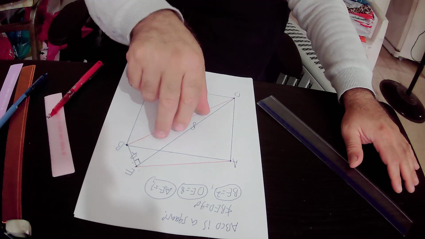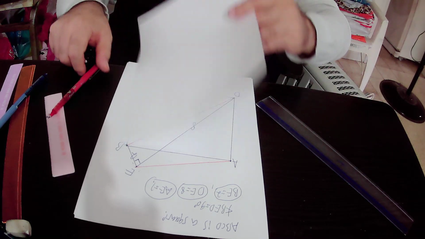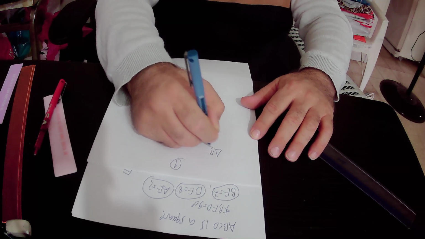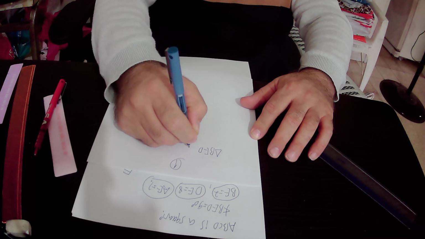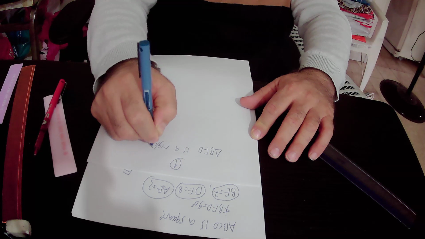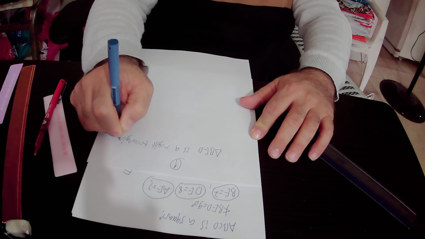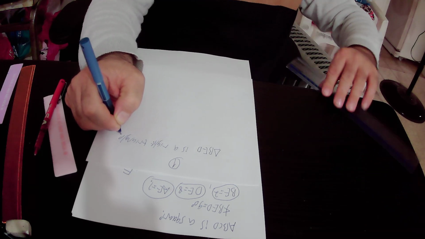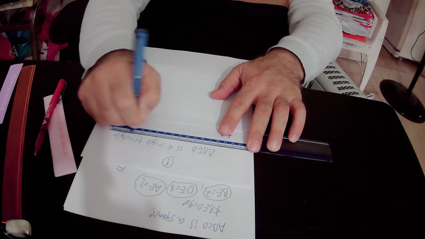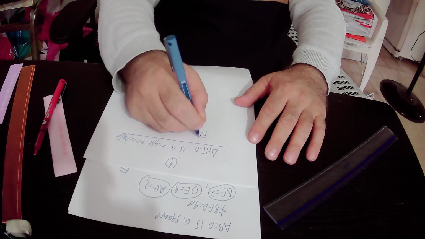Therefore, triangle BED is a right triangle. So I write it down that triangle BED is a right triangle, therefore we can use the Pythagoras theorem in the right triangle BED.